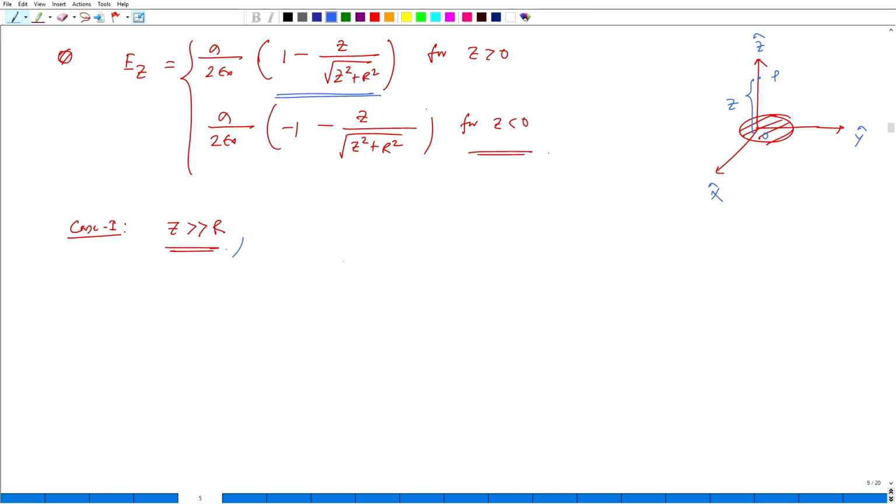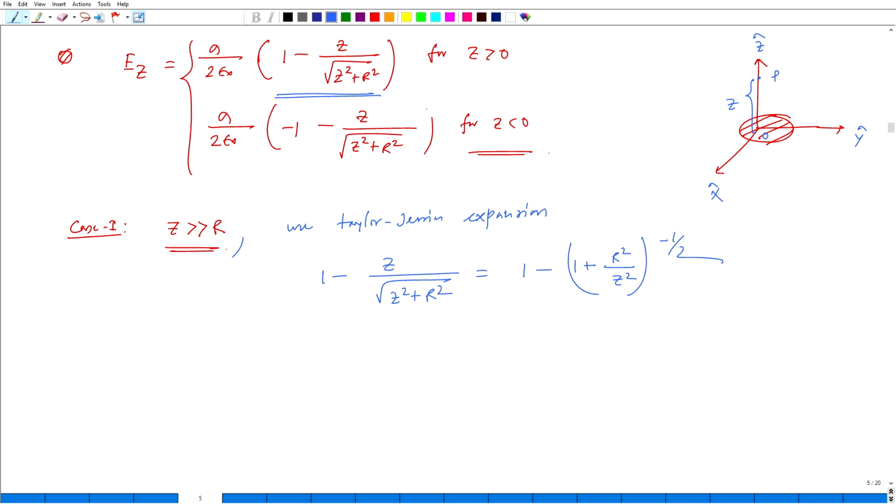So, in the case z is very much greater than r, we first expand this using the Taylor series expansion. So, 1 minus z over square root of z square plus r square, that is 1 minus 1 plus r square by z square to the power minus half. Basically we take z out in the denominator, 1 over z square inside the square root, and then simplify this.